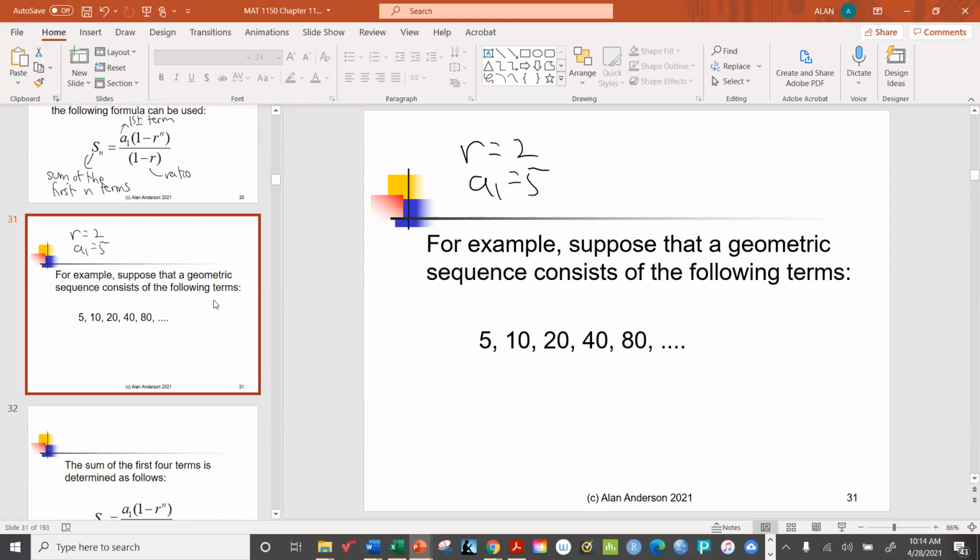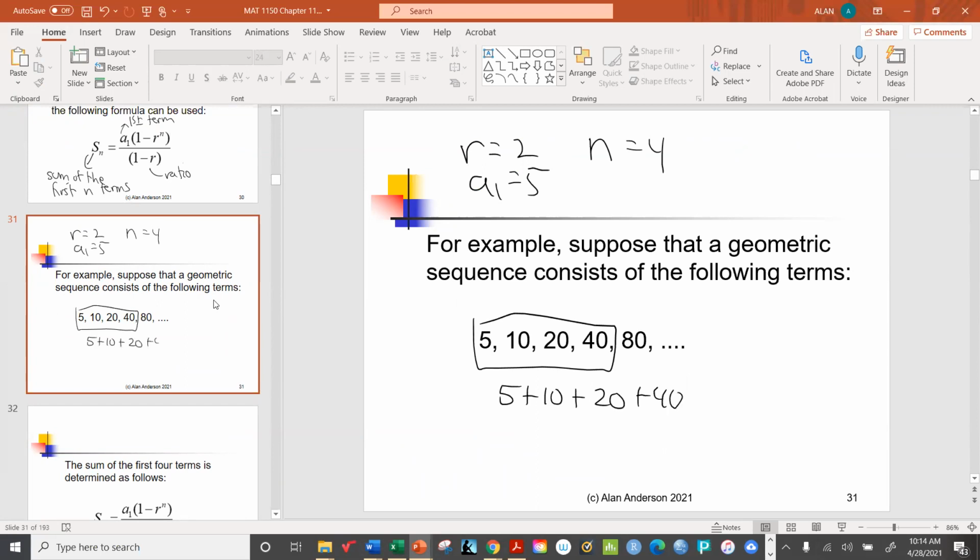of the first 4 terms, so we'll know in advance what the correct answer is supposed to be. Well, that happens to be 75. So let's see if our formula gives us 75.